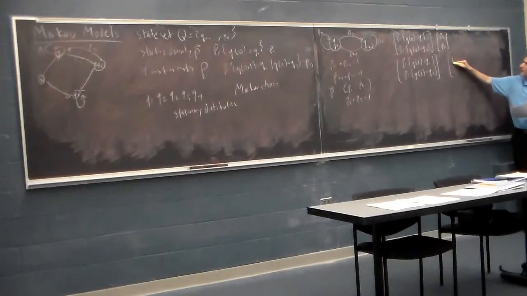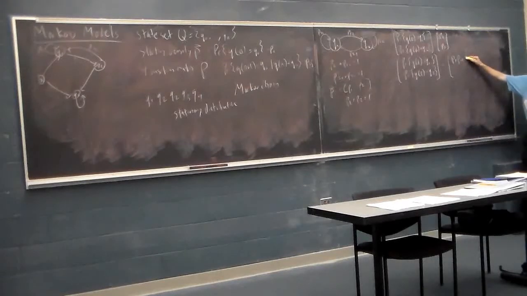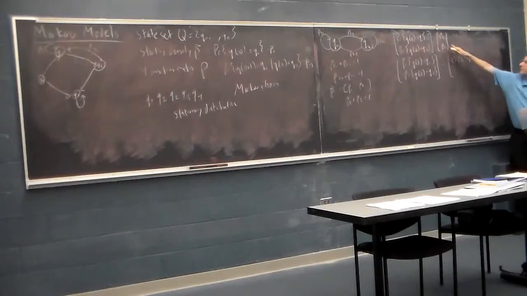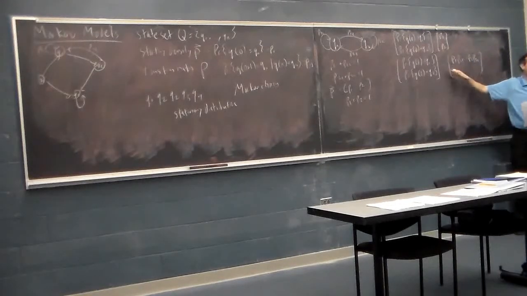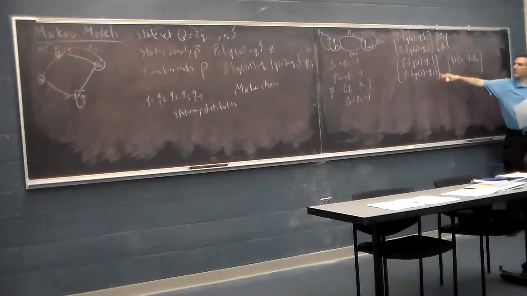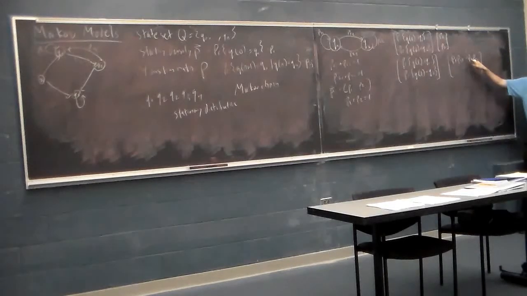So the probability of this happening is the probability it was in state 1 at step 0, which we had here, times the probability it stayed there, P11, plus the probability it was in state 2 at step 0, times the probability it moved from state 2 to state 1 in the transition between these steps. So the probability that it's in state 1 at step 1 is P1 P11 plus P2 P21. Did everyone follow that?